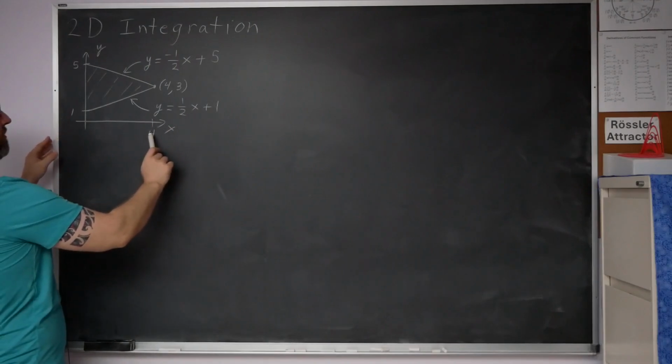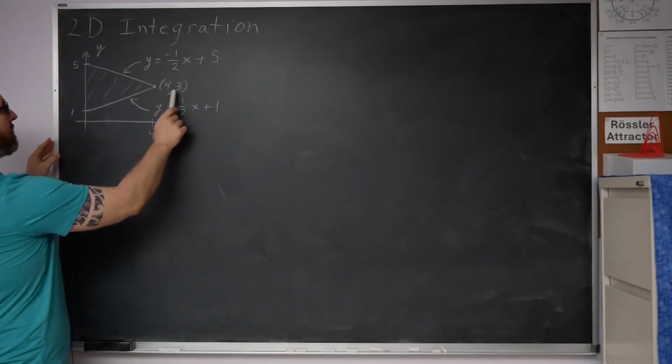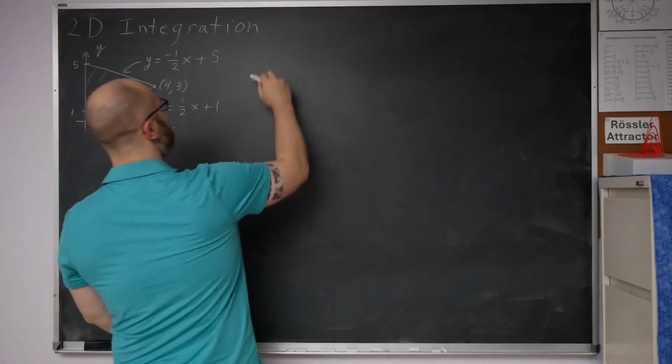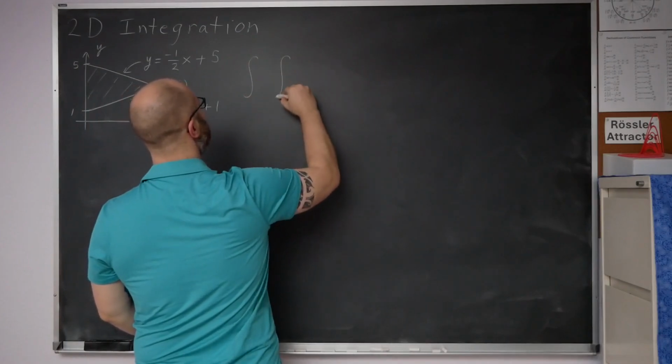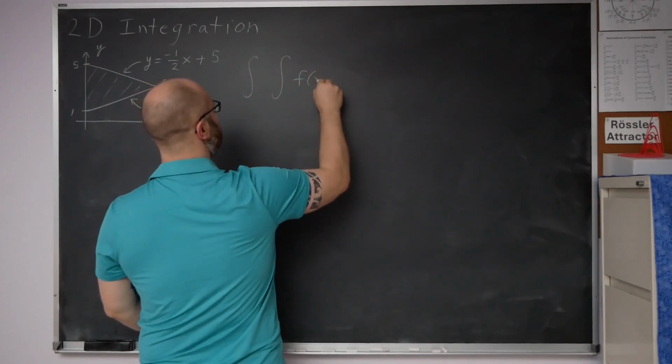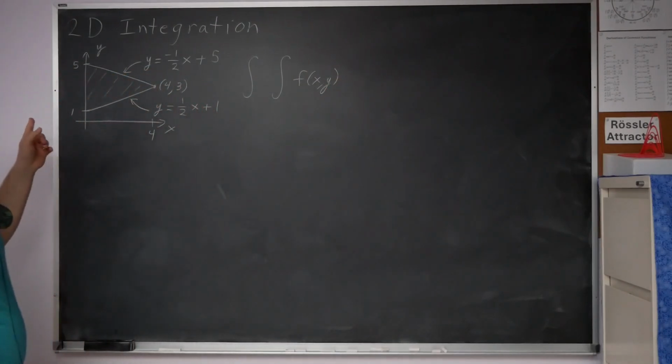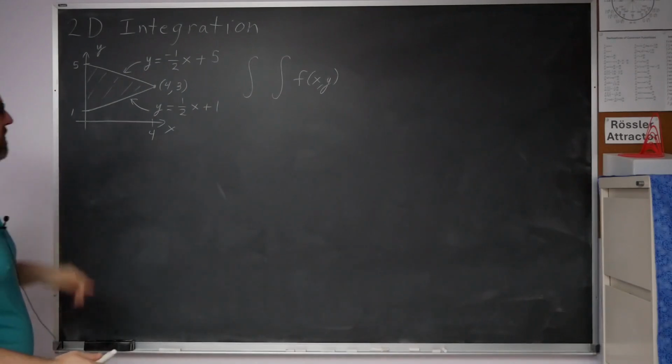If x is 4, then 2 plus 1, y is 3, yes, that works. So I got those equations right. Then let's go ahead and do a double integral. We're going to set up the integral. We're just worried about setting it up right now, not about doing the integration. Let's do dy dx first.